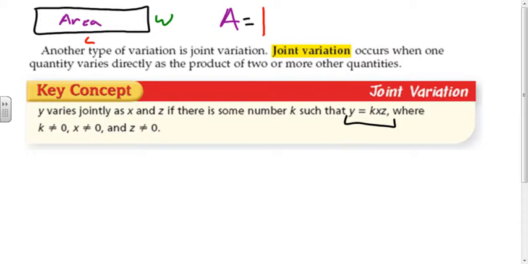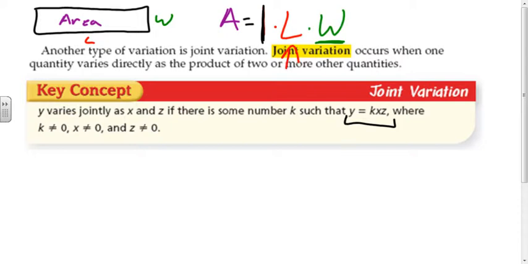Actually, maybe I'll use black, just a black 1. 1 times length times width. So no matter what, your length times your width times 1 gives you your area. So if you want a bigger area and you're going to keep your width the same, that means you're going to need to increase your length.